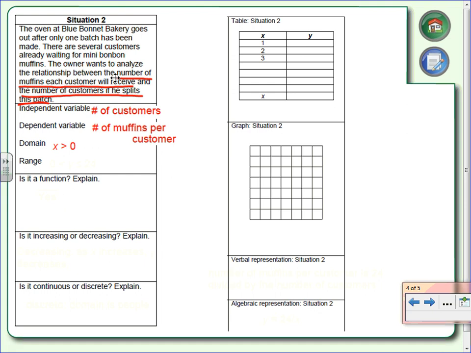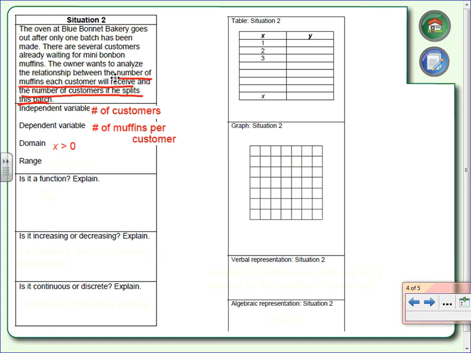That could be anything. But 0? Well, remember, x's represent the number of customers. And all that's saying is I could have 1 customer, 2 customers, 3 customers, 4, 5, 6, all the way up to 24, anything bigger than 24. 0? Well, no. So we're talking about customers. We're not talking about muffins. So we can have 24, we can have 25 customers. We can have 26 customers.